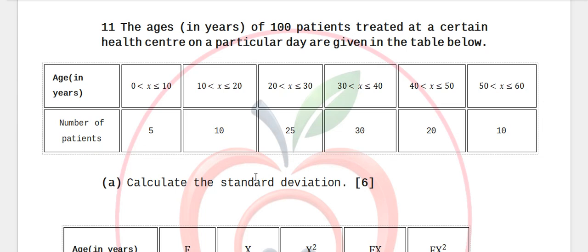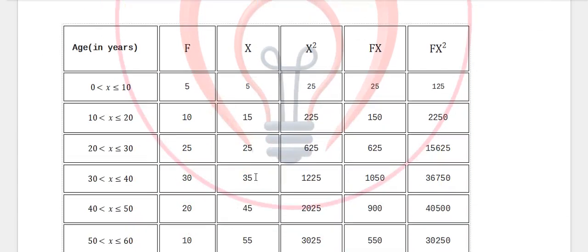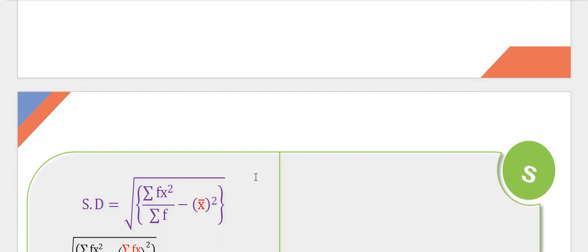Before answering standard deviation, there is one thing that you need to pay attention to. Let me show you something. You see, this is a formula for standard deviation. So you need to look at the formula first, and then you will see what you are looking for. We already know that we need to find the standard deviation, right?